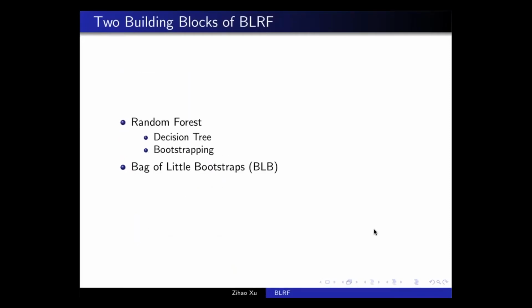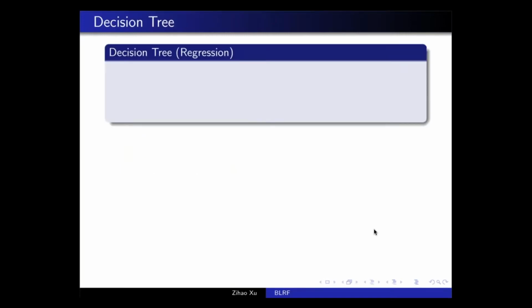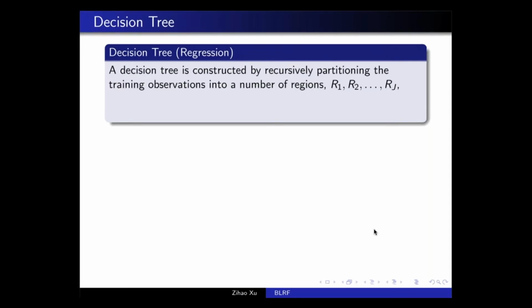So to talk about our algorithm, we need to talk about two of its building blocks, random forest and Bag of Little Bootstraps. To start talking about random forest, we need to start from what's called a decision tree. So, a decision tree in a regression setting is a tree that's constructed by recursively partitioning the training observations into a number of regions.